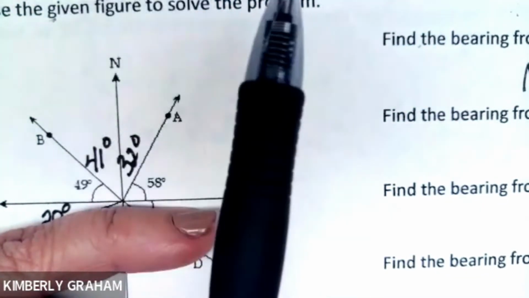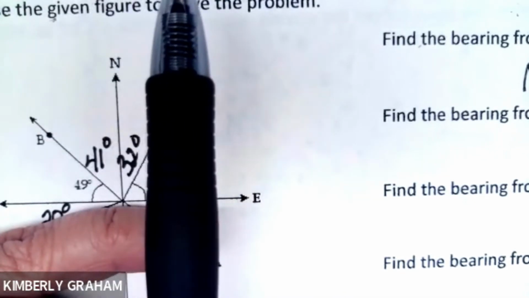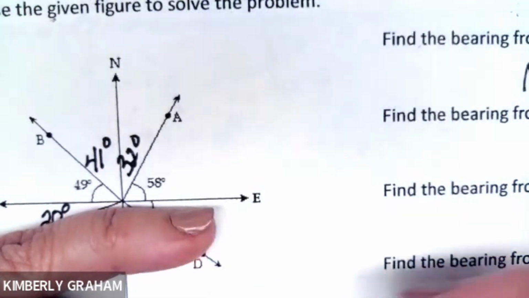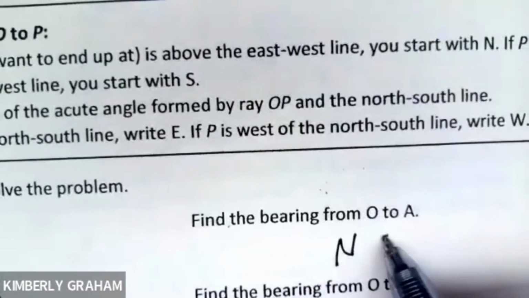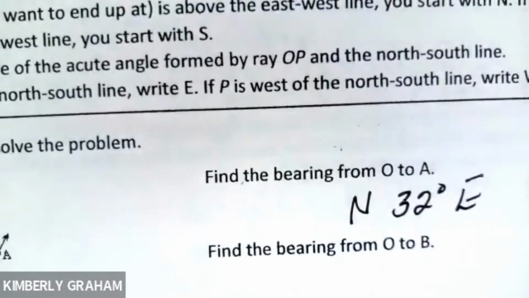We want to end up at point A. So I have to turn 32 degrees toward the east and then head off in that direction, and then I'll end up at point A eventually.